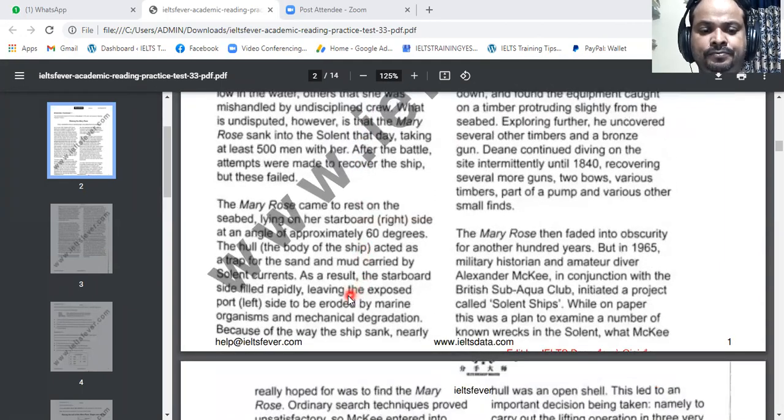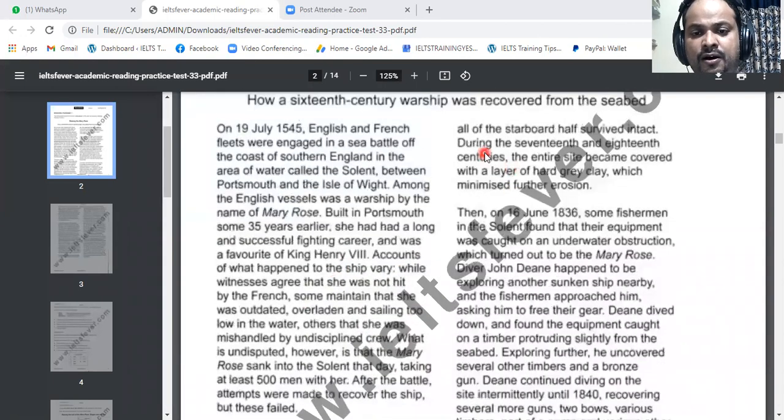Okay, so here it says, because of the way the ship sank, the way it sank is about like this. So this is the way it sank. Because of the way the ship sank, nearly all of the starboard half survived intact.